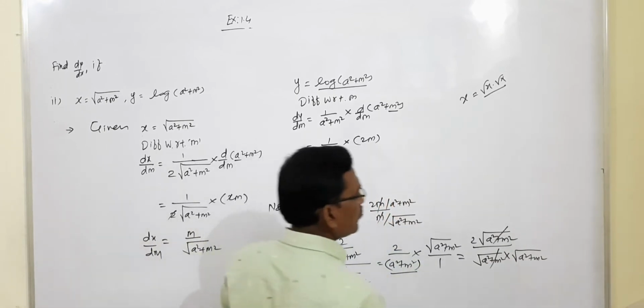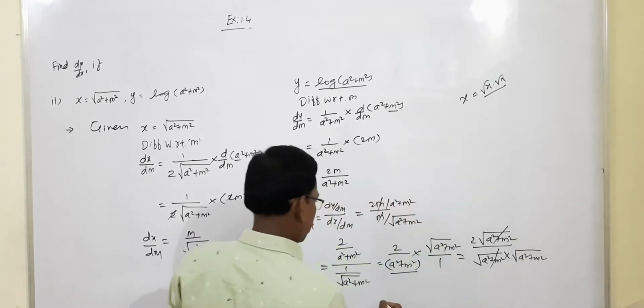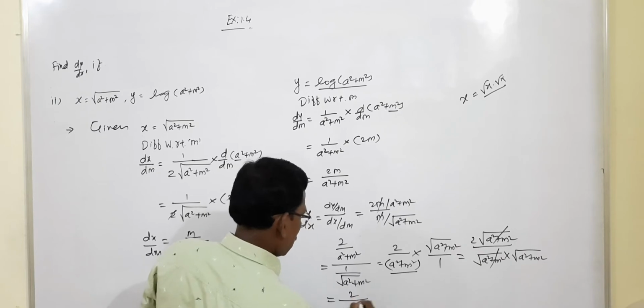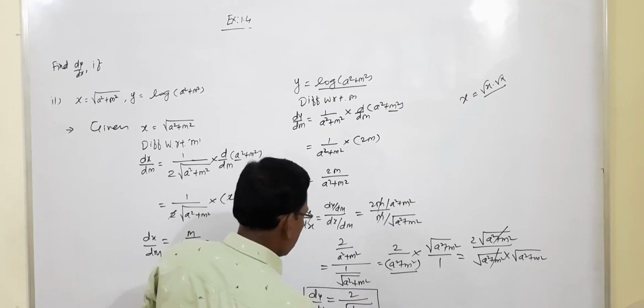It is only 2 by root of a square plus m square, and this is the final dy by dx.